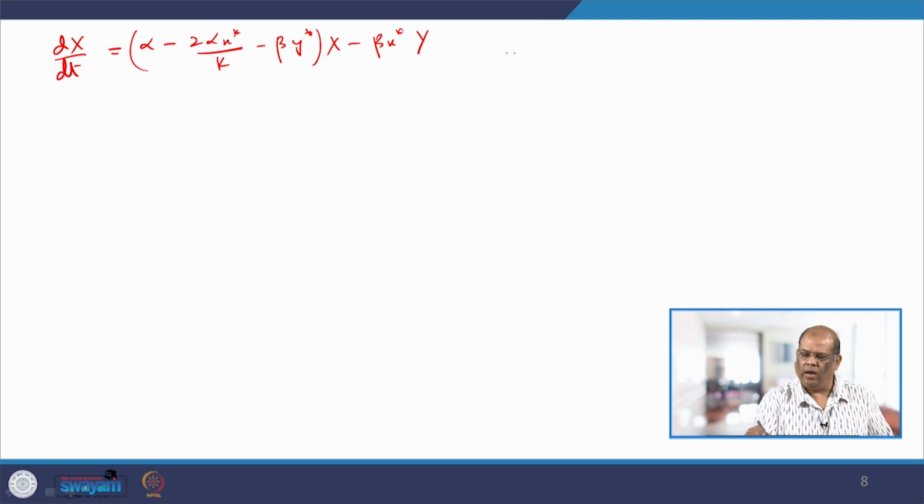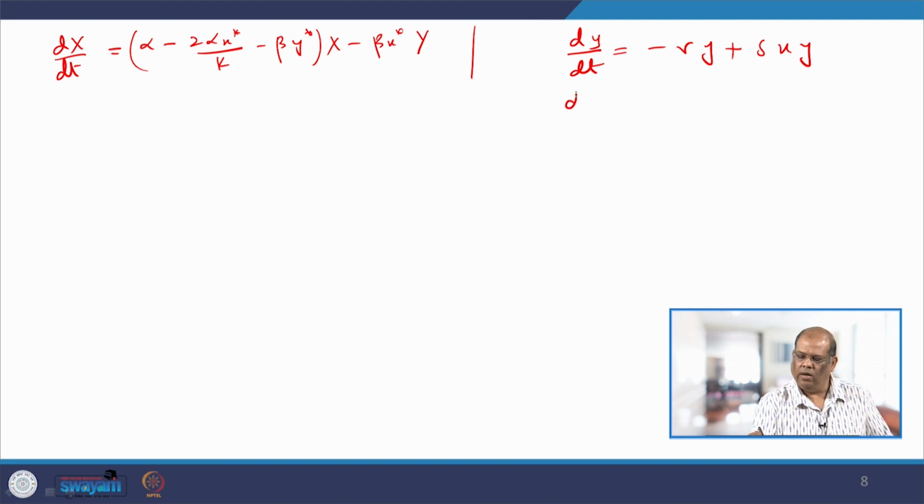If I now take dy dt, which was minus gamma y plus delta times xy, you put x equal to x plus x star, y equal to y plus y star like before.